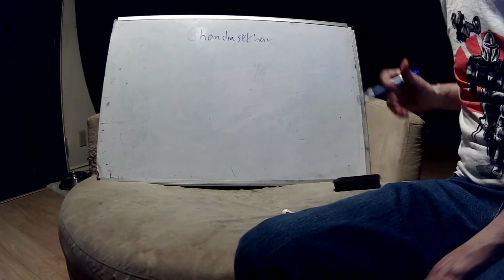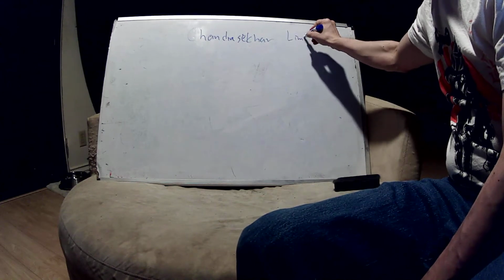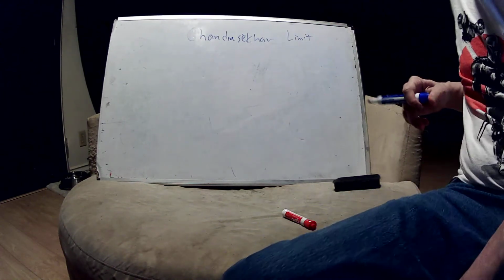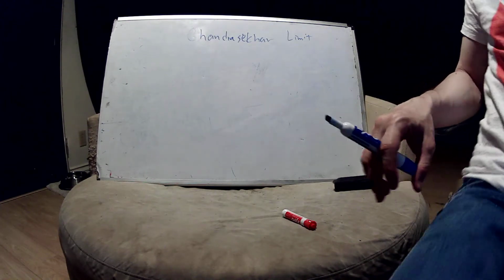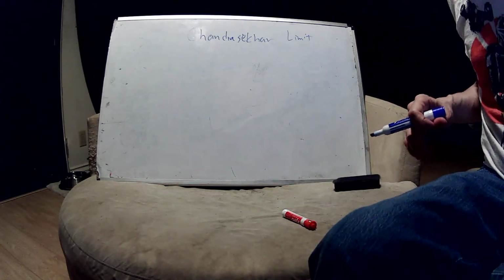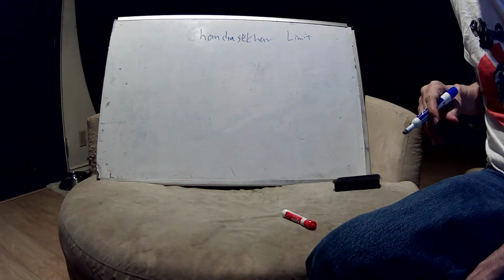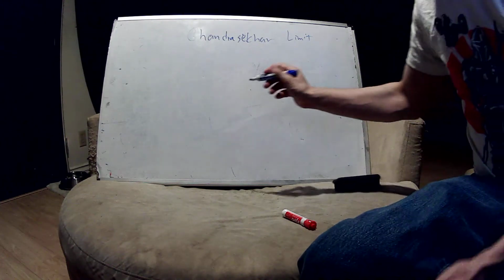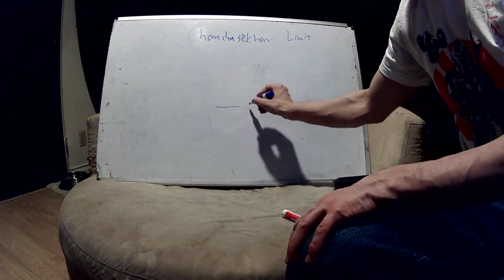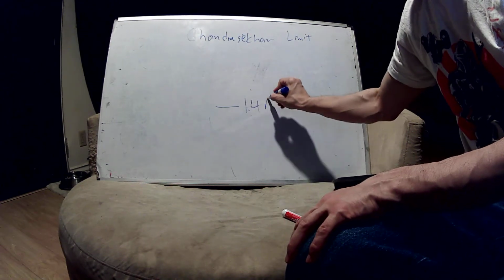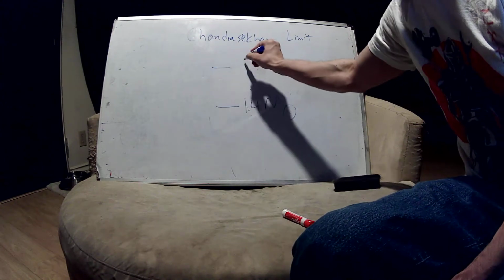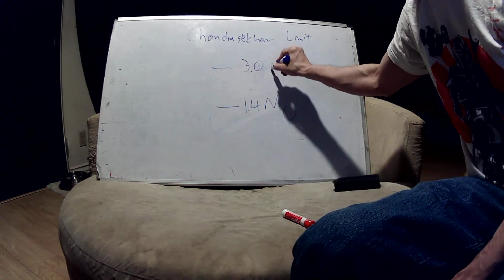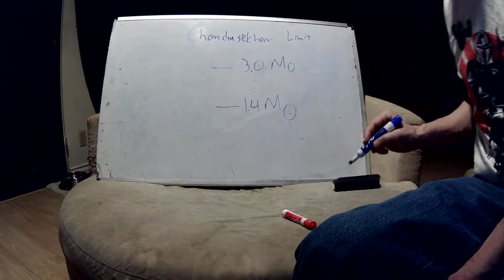We call it the Chandrasekhar limit, named after the Indian astrophysicist who figured this out. So we've got a limit of 1.4 solar masses, and we also have a limit of about 3.0 solar masses.